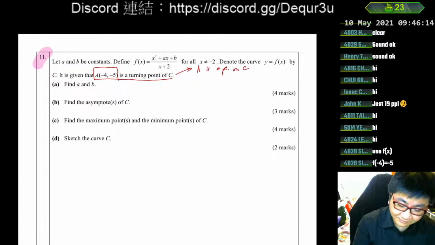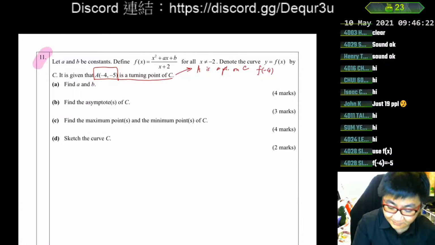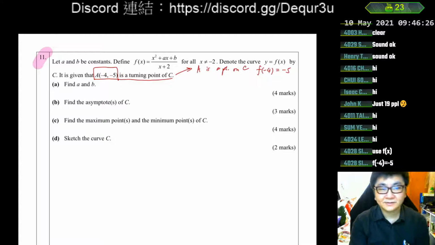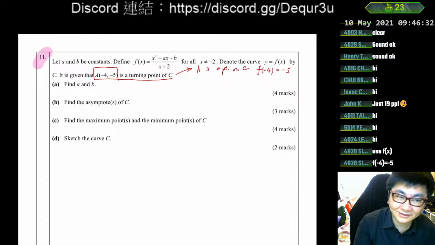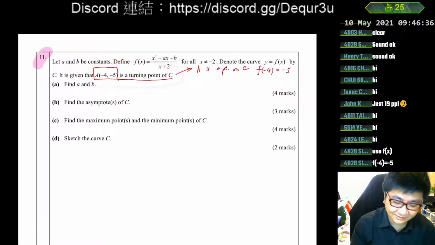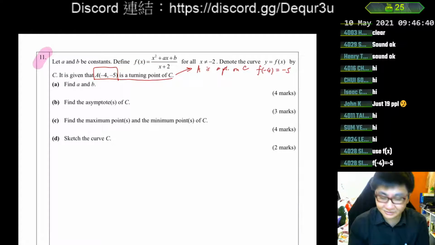So if you put x as -4 into f, then you will get -5. So it helps you set up one equation. What about the other information? Within the same sentence, what is the other information that we can use to help us set an equation?